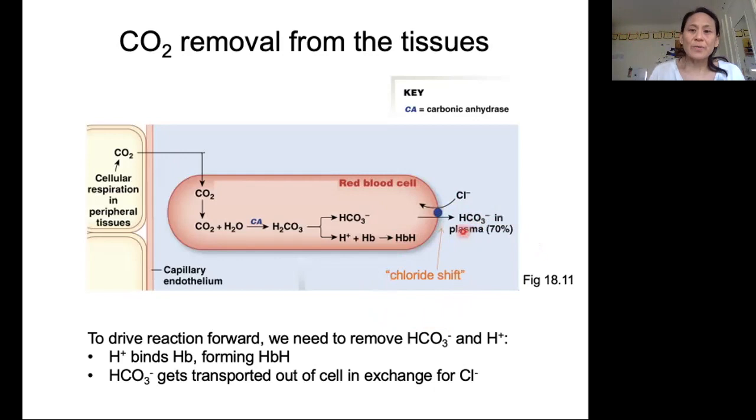So again, in order to allow CO2 removal from the tissues, we need this reaction to continue in the forward direction, and these are the methods we use to deplete our products so that we can continue to form them.